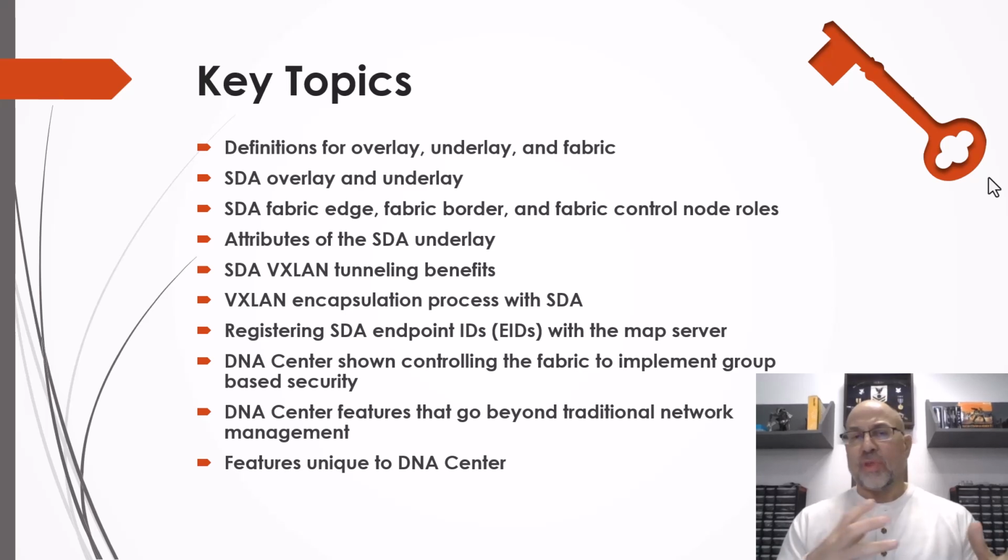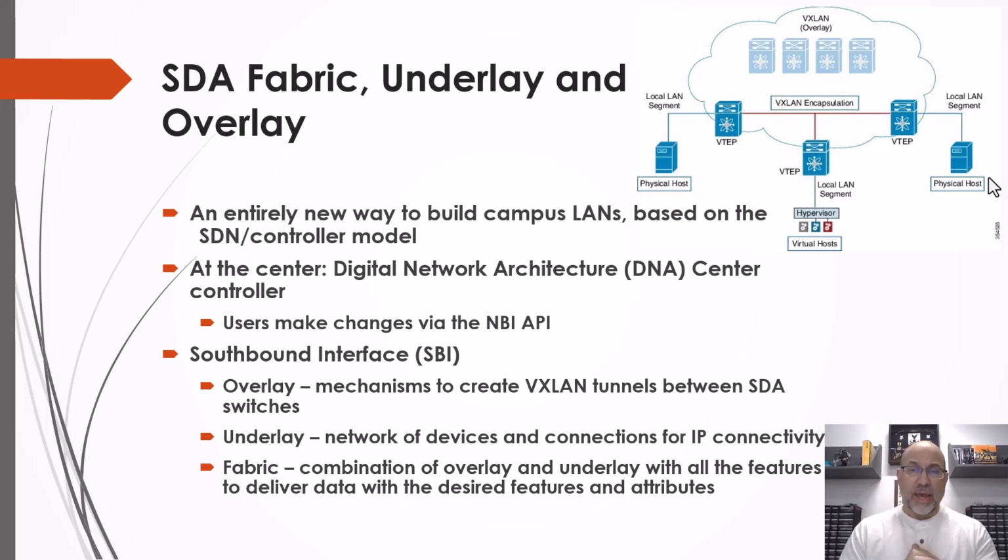And we'll go over the attributes of all of these components and what appears at various layers. And then we'll do an example of the VXLAN encapsulation with the software-defined architecture. It's not unlike our 802.1q tunneling that we've done or the trunking that we've done or MPLS. And then the featured feature, I suppose, is a security implementation that we'll see with the controller and the SDA architecture.